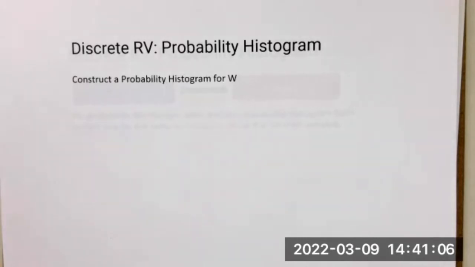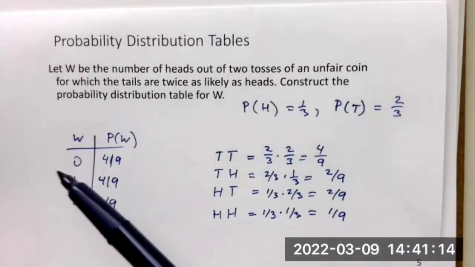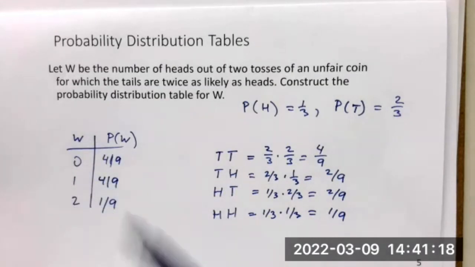So our next example is constructing a probability histogram for W. Let's recall again, this is our variable W. The possible values are 0, 1, 2, and the corresponding probabilities, and now we have to draw them up.